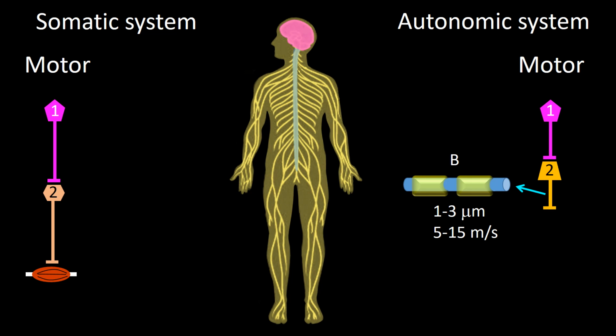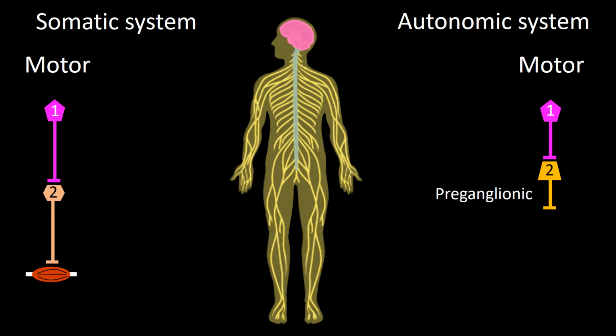These axons are referred to as preganglionic because the neuron they innervate, that is the third autonomic motor neuron, is in autonomic ganglia present in the head and trunk. The axons of the neurons in these ganglia are called postganglionic fibers. The postganglionic fibers are unmyelinated.